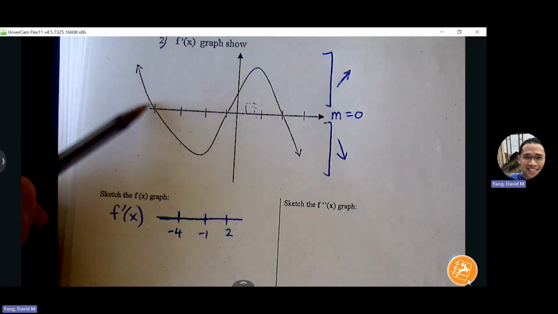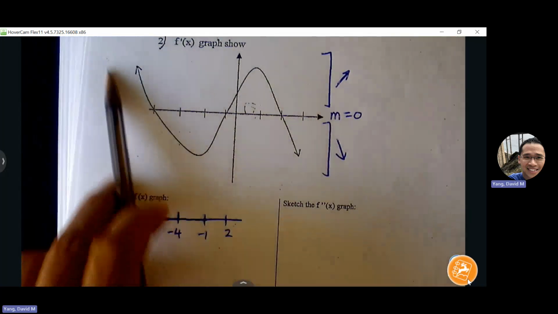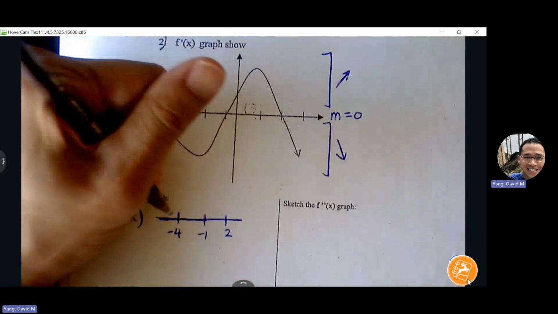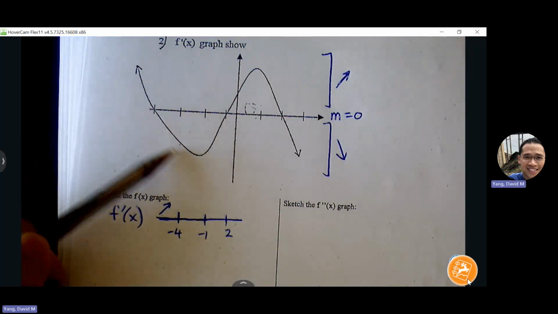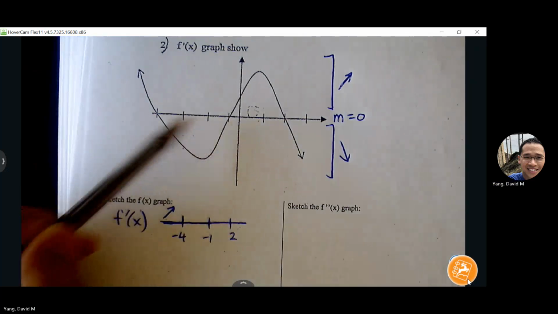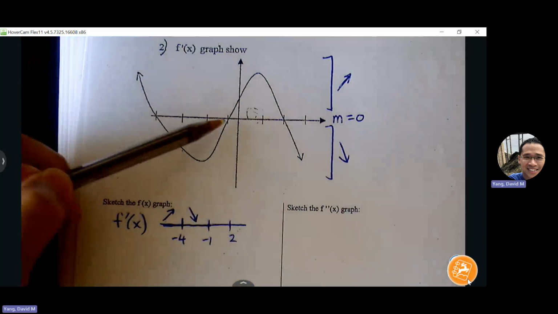Positive, right? It looks like it's decreasing, but something else, look at the location. Location is above the x-axis, so we know it's going to be different variations of positive slope. Between -4 and -1, below the x-axis, negative. Between -1 and 2, positive.